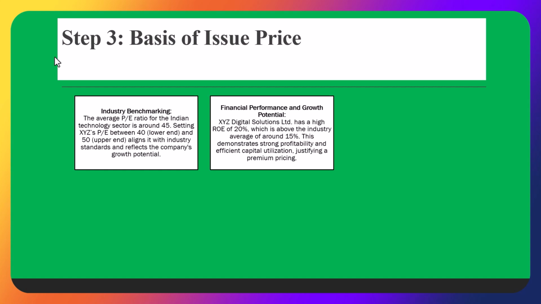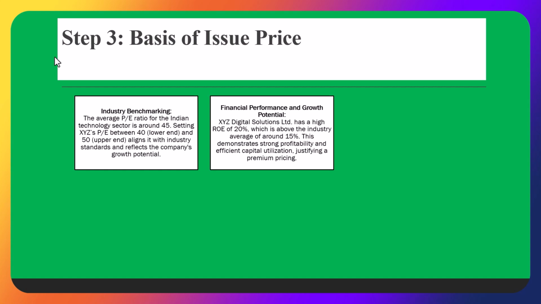The second one was the financial performance and the growth potential. Currently it is giving 20% ROE, and the industry is generating a return of 15%. So that means here also the company is doing very well compared to the industry. If you find such a company, you should be putting money in, and if it is very expensive, then you should keep away. If the P/E ratio here had been 80, then even the high ROE would not induce you to invest in this company.